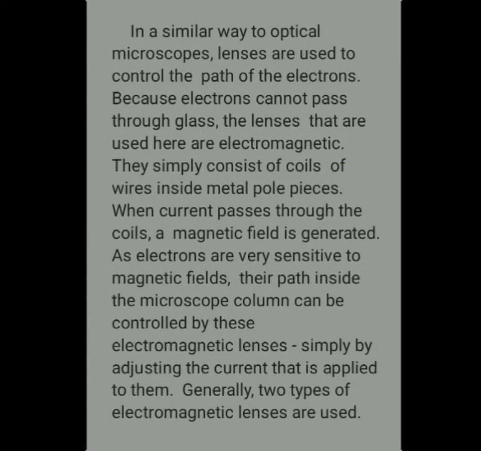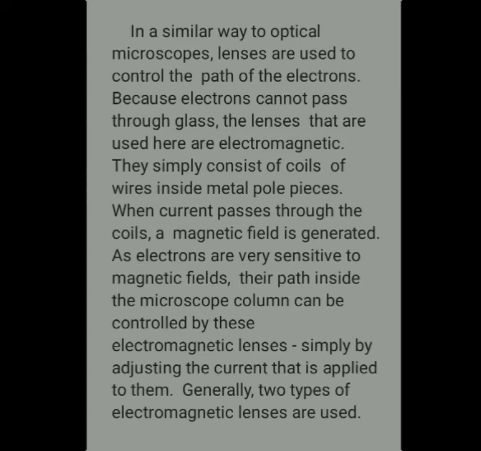In a similar way to an optical microscope, lenses are used to control the path of the electrons. Because electrons cannot pass through glass, the lenses that are used here are electromagnetic. They simply consist of a coil of wire inside metal pole pieces.